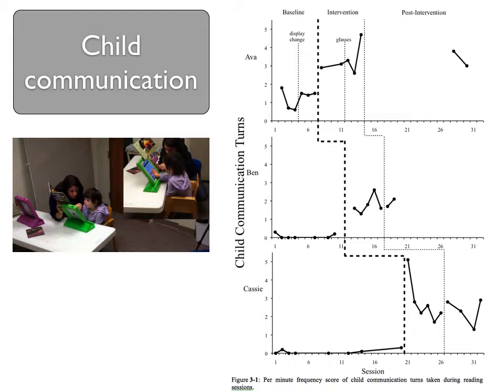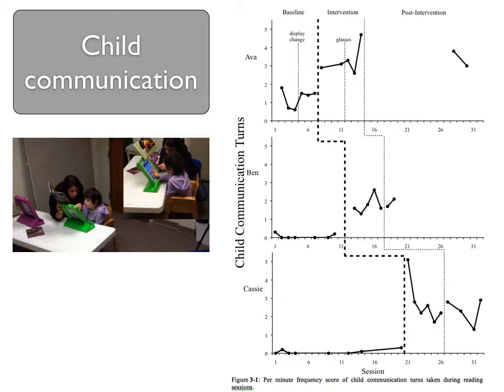That being said, the level is a big jump up for each of them, with Cassie's being very large at first. That novelty effect was substantial. So we see a level change in Ben and Cassie.